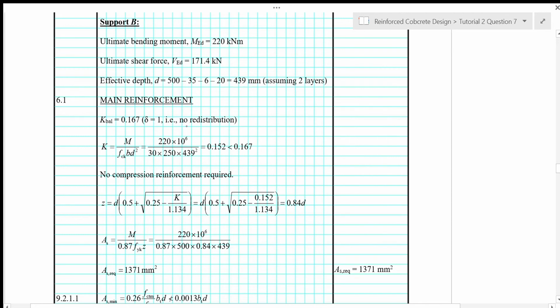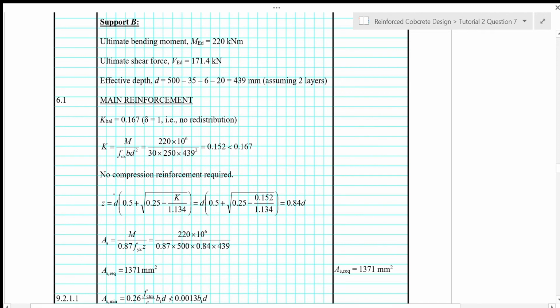So there is no redistribution, that gives K balance of 0.167. And then we calculate the K value, we get 0.152, which is less than 0.167, so no compression reinforcement is required.